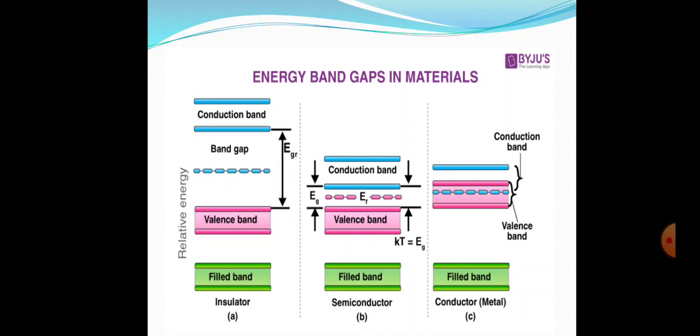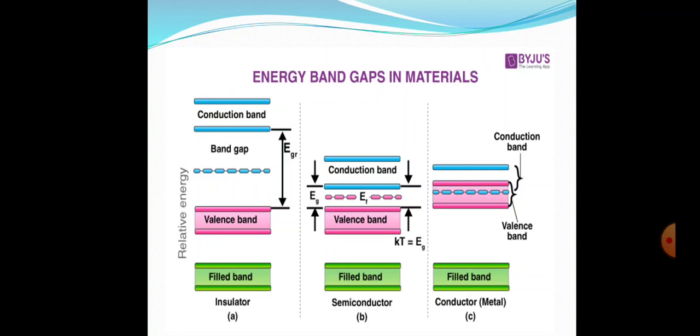Usually in conductor, both the conduction band and valency band overlap each other. So whatever the temperature may be, the lowest temperature of minus 273 degrees Celsius or above room temperature, electrons can easily move from valency band to conduction band.